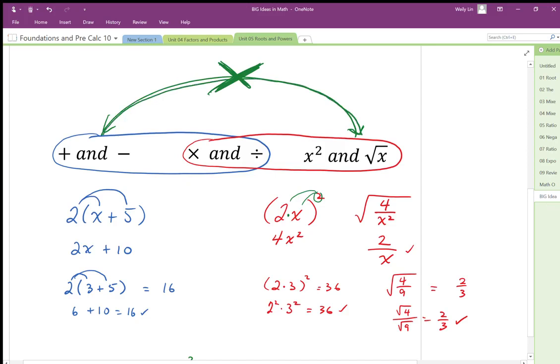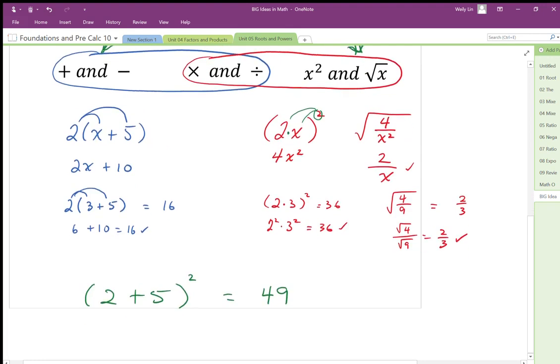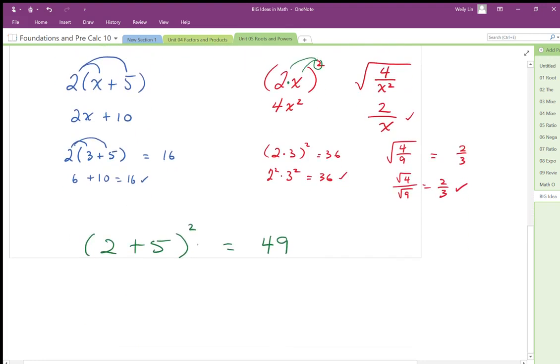We cannot do add and subtract and powers at the same time. If I tried to do 2 squared plus 5 squared, I'm going to end up with 4 plus 25, which is equal to 29. That's clearly wrong, because we know the correct answer is 49.